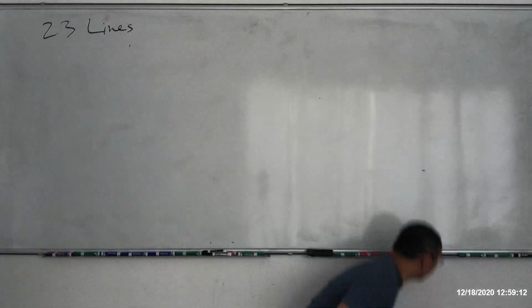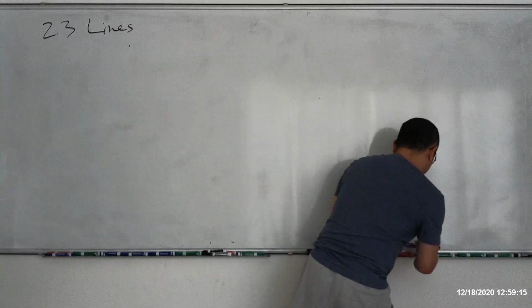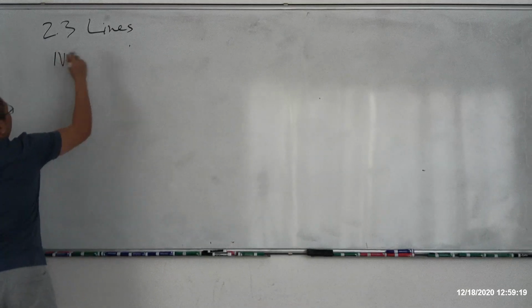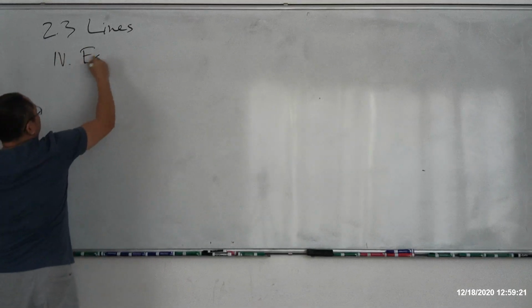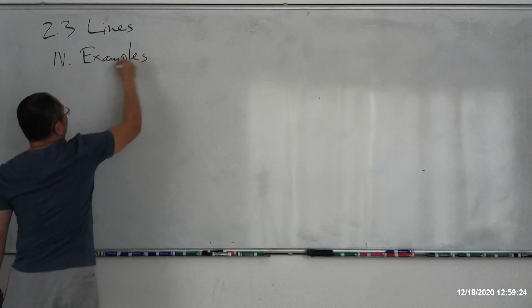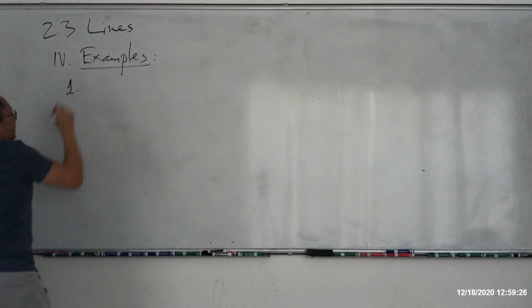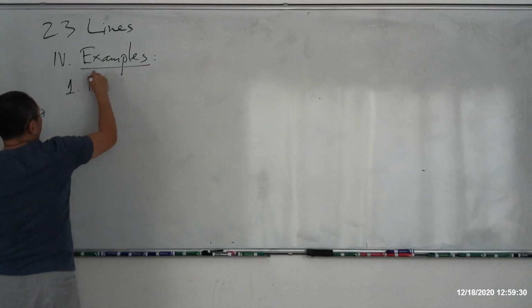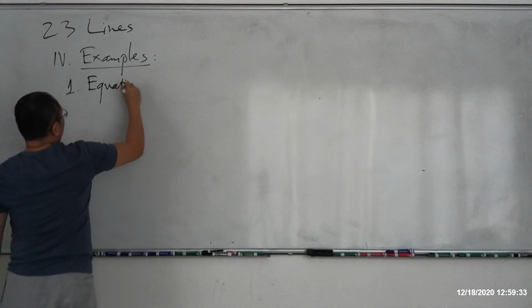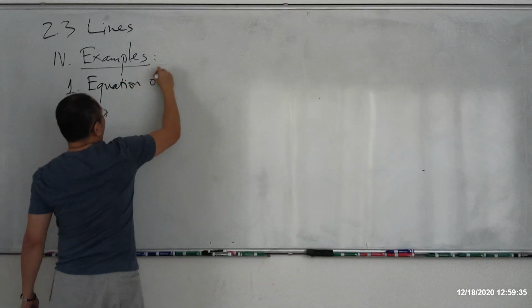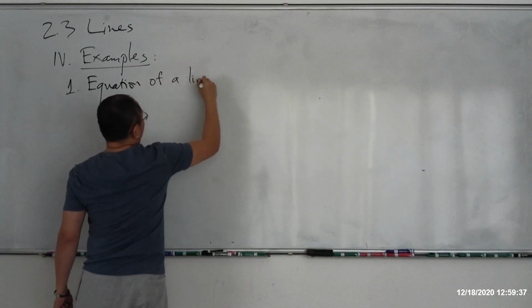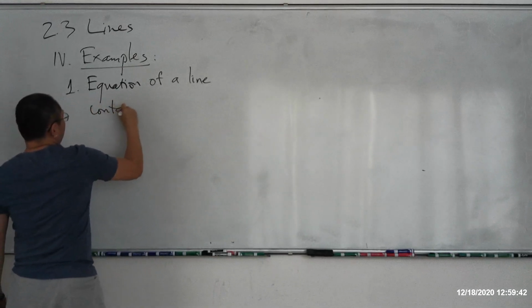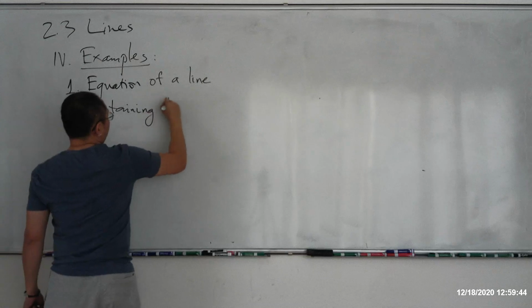Okay. First example. Let's call it number 4, right? Examples. The first example: equation of a line containing two given points.